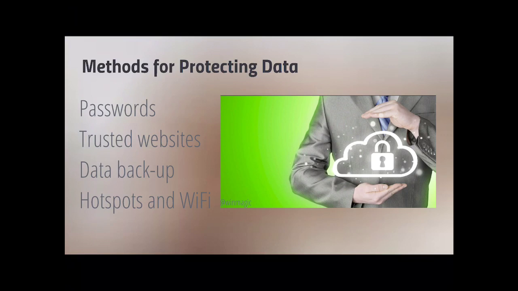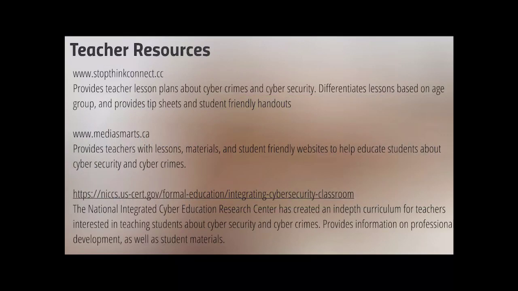We have to understand, and we have to teach our students to understand as well, that any hotspot or Wi-Fi isn't necessarily secure. And we want to be using caution when we use those as ways to access internet, because the data that we provide when we're on those browsers might not be secure.